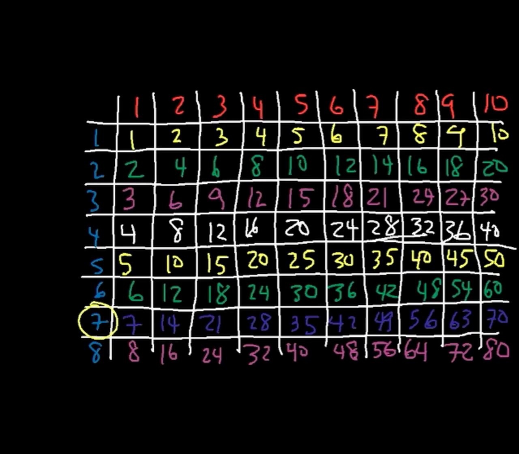From the 7th row, go towards the 9th column, and you get 63. So 7 times 9 is 63. Let's say we wish to multiply 4 times 6. 4th row, 6th column, 4 times 6 is 24. So that's how you would use it.